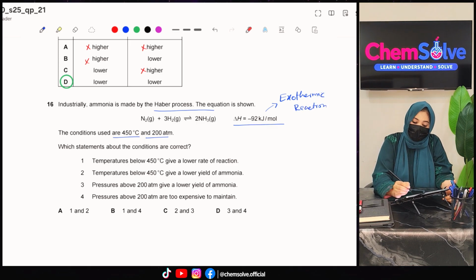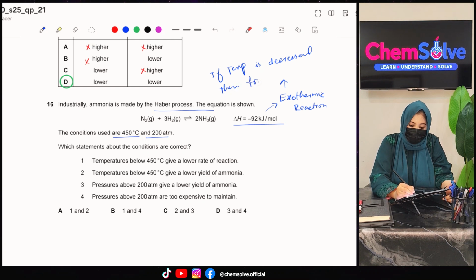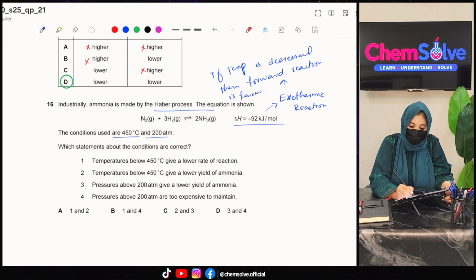And for an exothermic reaction, if temperature is decreased, then the forward reaction is favored and vice versa.